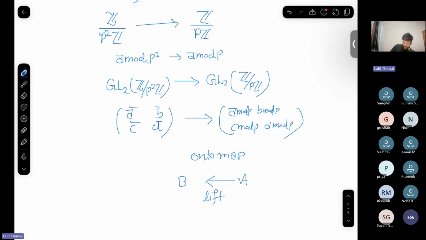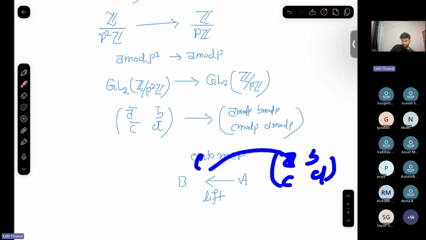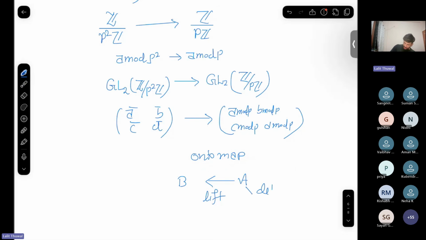Lift it to Z modulo P squared Z. The determinant of A is coprime to P, so it will remain coprime to P. So B is invertible in GL2 of Z modulo P squared Z, and the image of B will be A. So it will be onto.